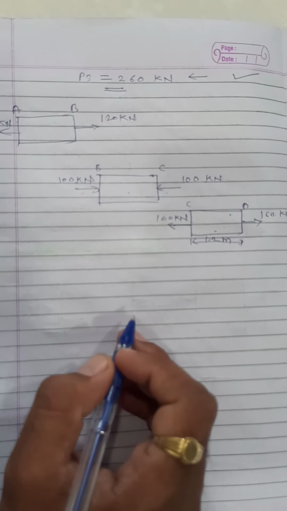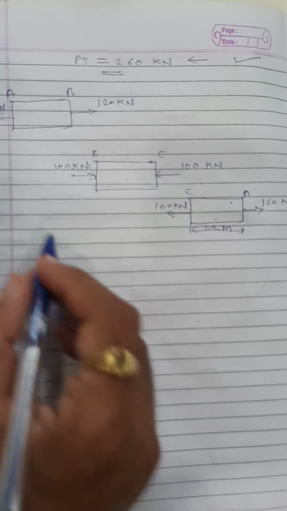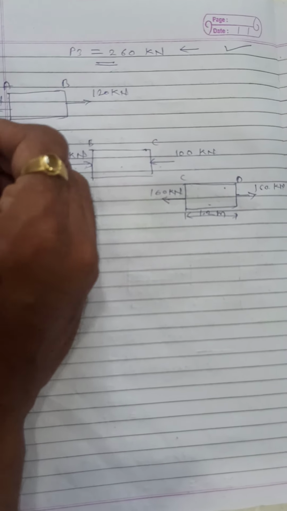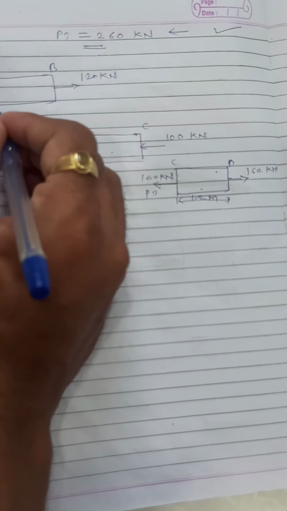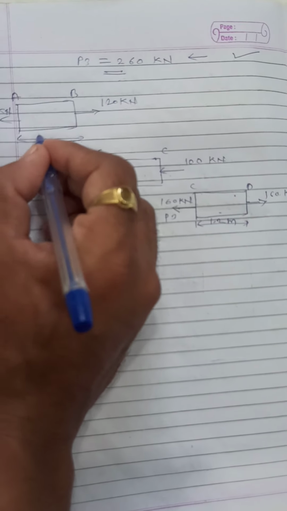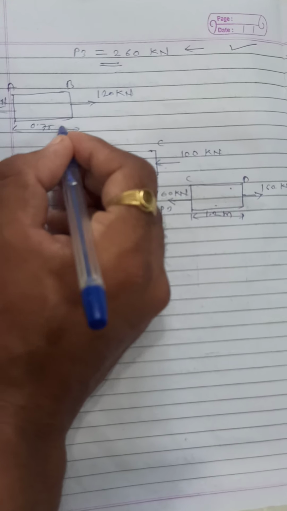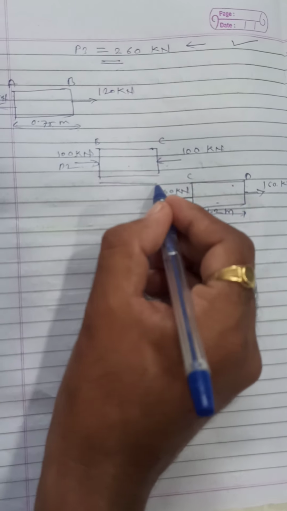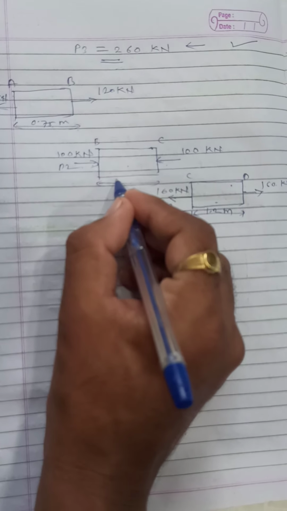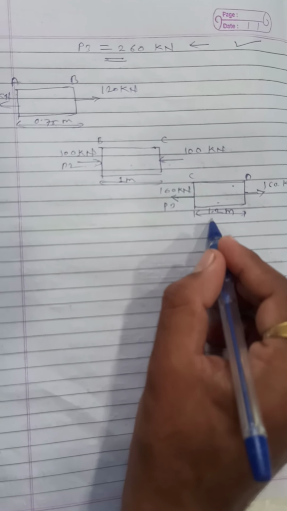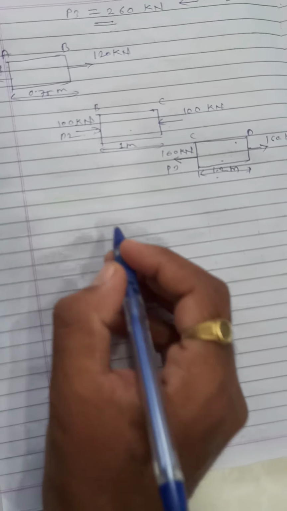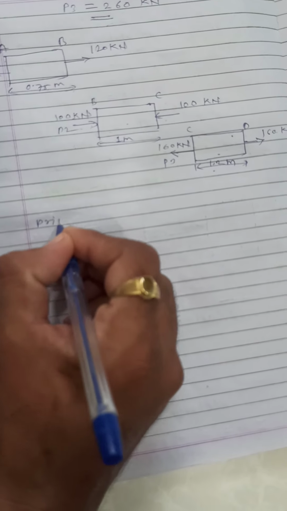Okay, now let us take this as P1, this is P2 and this is P3, and this is L1, that is 0.75 meter, this is L2, that is 1 meter, and this is 1.2 meter. Okay, so let us use the principle of superposition.